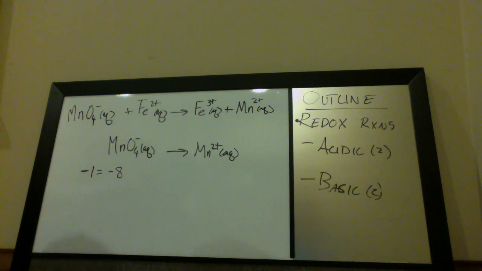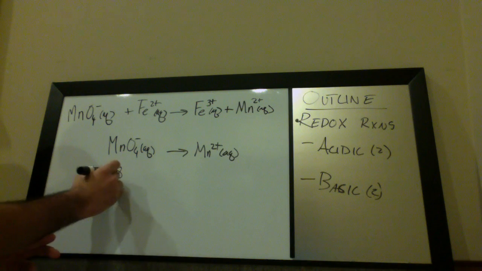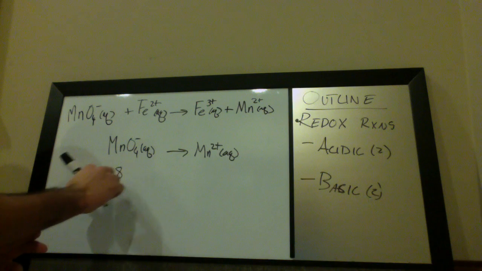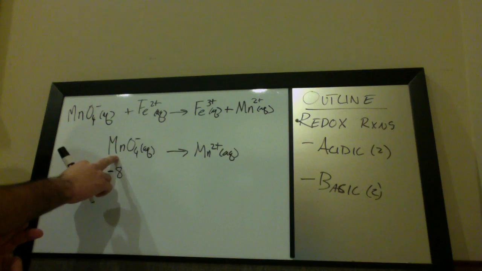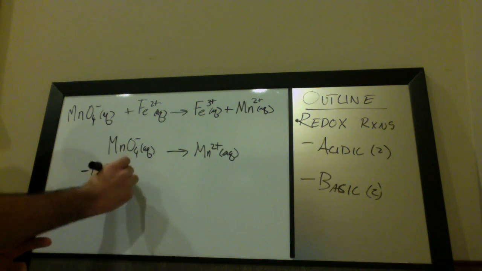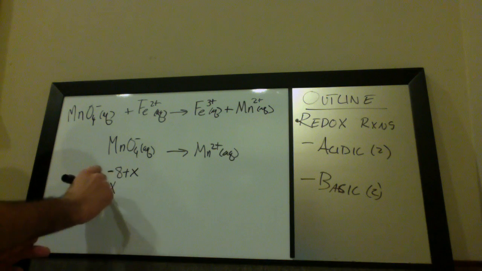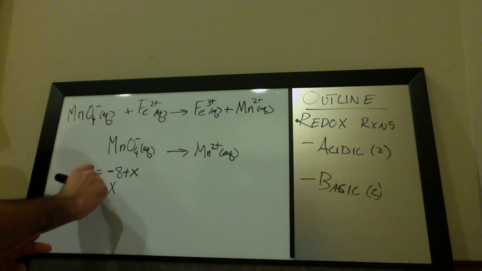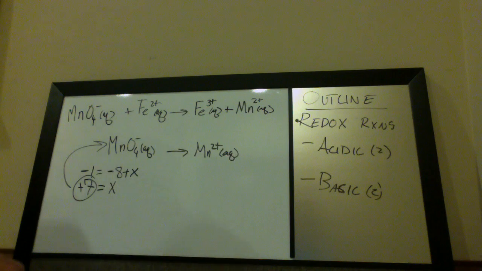Oxygen can also have a neutral charge if it's a diatomic gas, but since here it's not, it has a -2 charge, there are 4 of them, that's -8. I want to find out the oxidation number of manganese, so I'm going to write plus X. That means X equals +7, so +7 is the oxidation number of manganese.